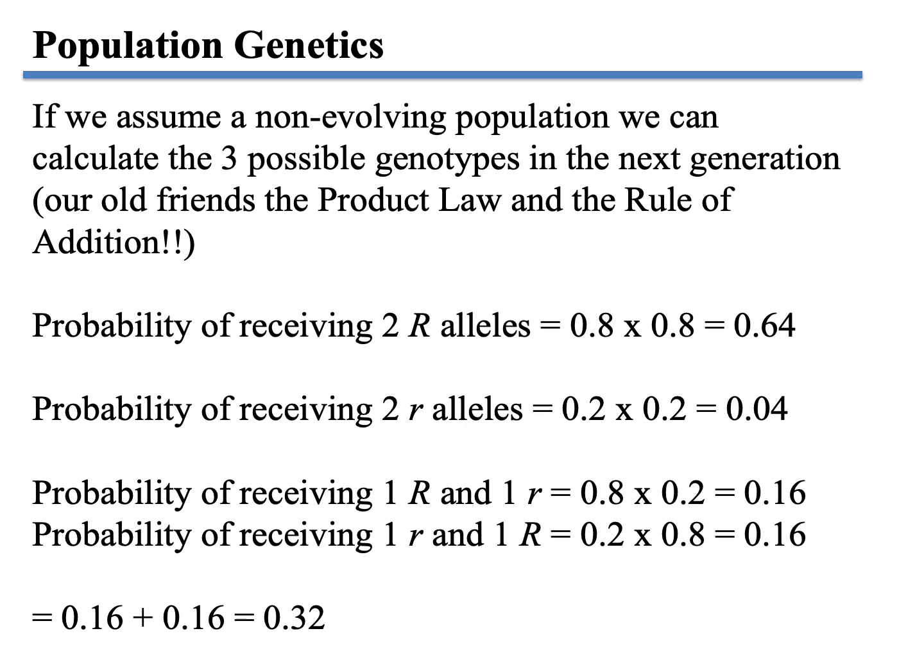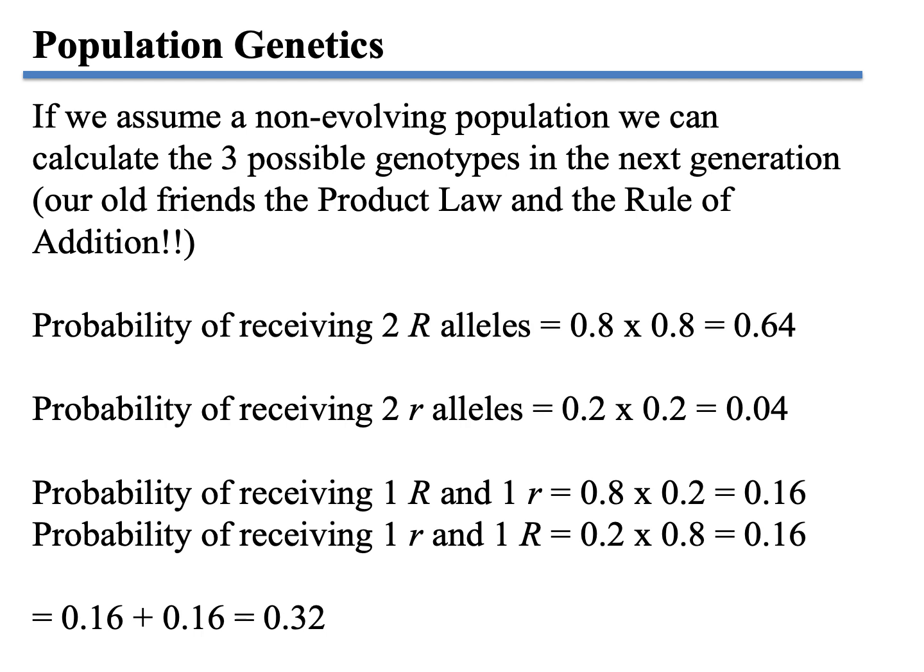Now, calculating heterozygous individuals is going to require a little bit of finesse as well as recalling the rule of addition. We know that there are two different ways individuals can be heterozygous. They can receive the dominant allele from the first parent and the recessive allele from the second, or vice versa. They can receive the recessive allele from the first parent and the dominant from the second.